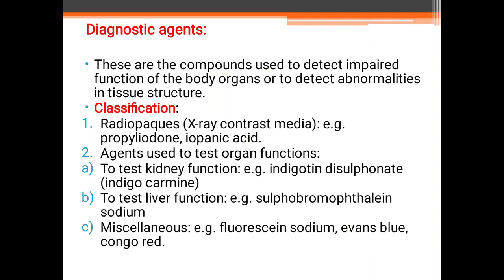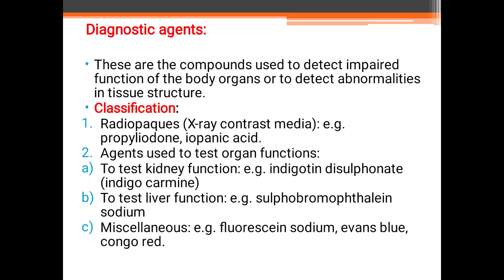Now these diagnostic agents are classified into two types. First one is radio opaques, that is also called as X-ray contrast media, and the examples include propyliodone and iopanoic acid. And the second one is agents which are used to test the organ functions.